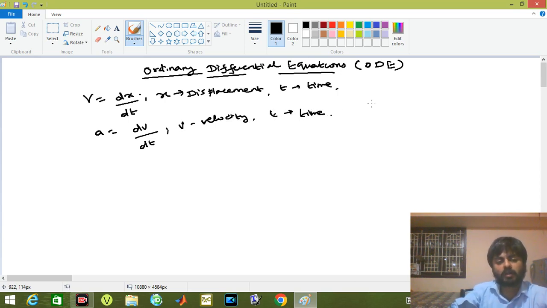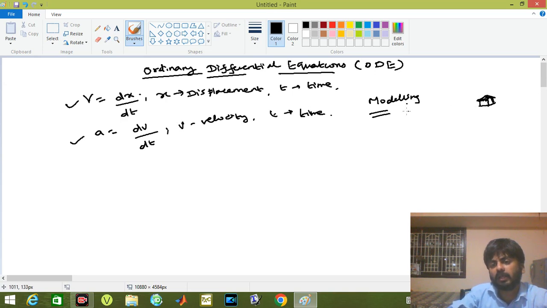So what are these equations called? These equations are called modeling. Modeling means, for a real life scenario, when you have a replica or a model, it is very useful.